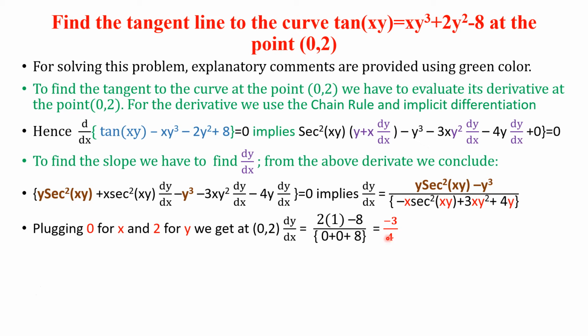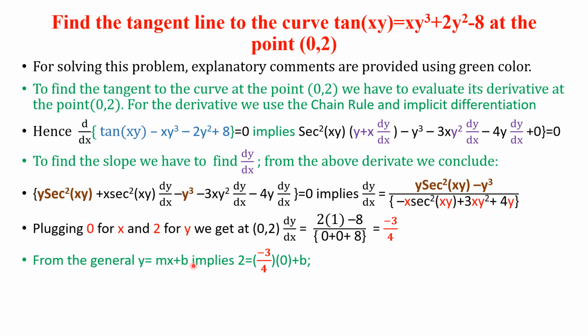And then from the slope, we can go ahead and generate the equation using the general formula for linear functions, y = mx + b. If you plug in 2 for y and 0 for x, it will be clear that y, which is equal to 2, is equal to b.